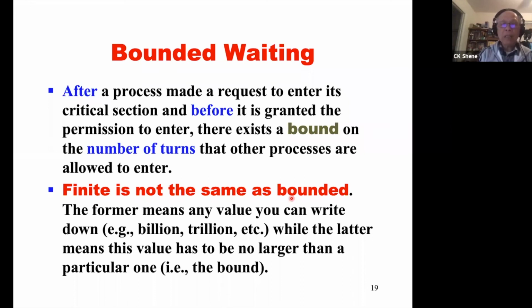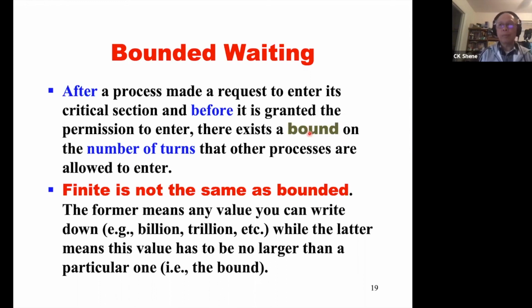But finite is not bounded. Because finite, as long as you could write down a finite number, you add 1 to it, the result is still finite, but maybe unbounded. Always keep this in mind. But what is the value of the bound? Well, you have to study the algorithm to find the bound.